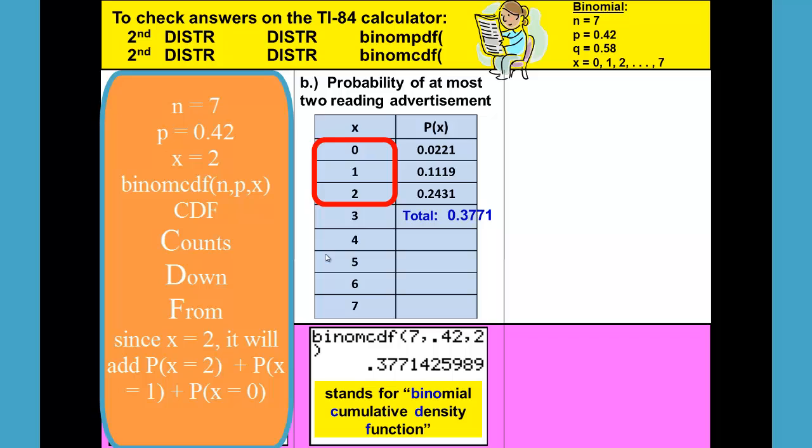So if you place in the CDF 7 for your N, 0.42 for your probability, and then 2 for your X, it will count down from 2, then 1, then 0. It counts down from 2 down the number scale. I guess that's up your table, but it's down your number scale, and adds up these probabilities and gives you the 0.3771.